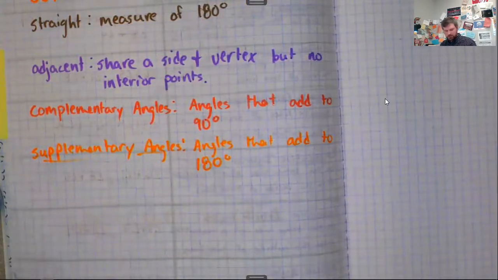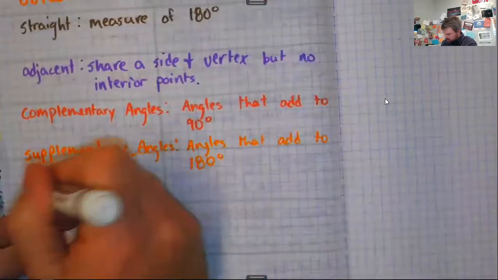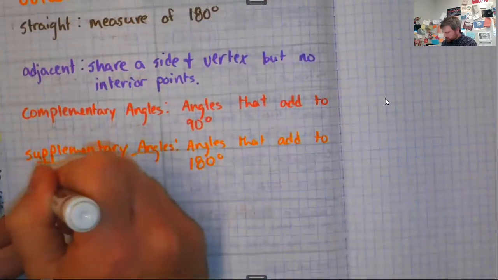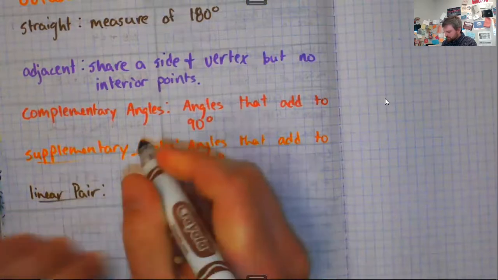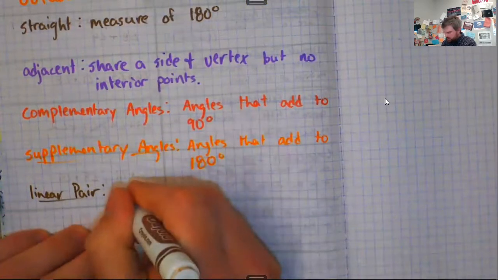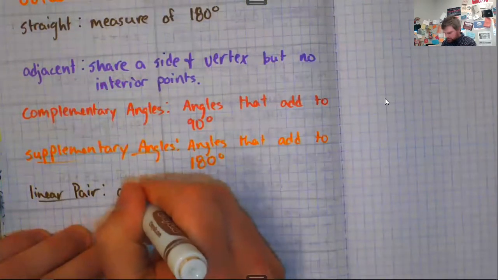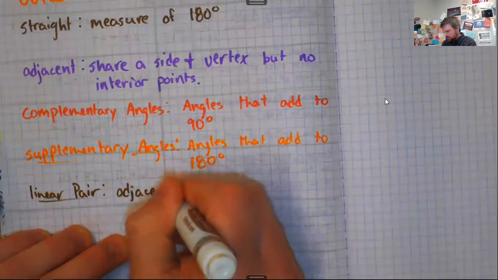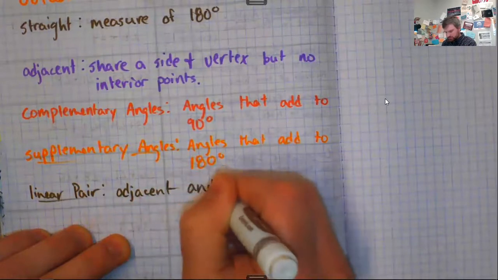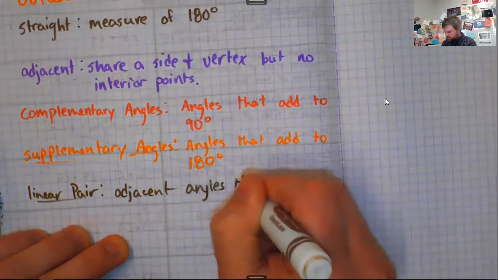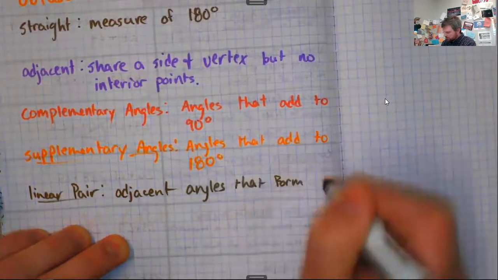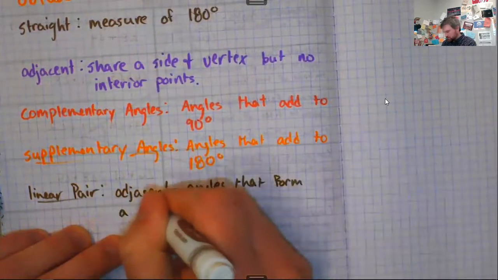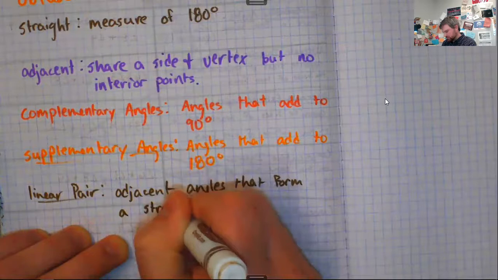And then the last one we're going to look at here on this page are a linear pair. So linear pair are adjacent angles that form a straight angle.